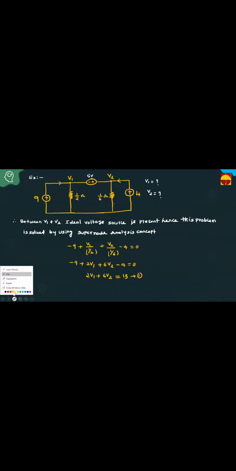Now, you have to apply KVL with the source. Inside the supernode, you have to apply KVL. Take the plus minus for this, and this also. What is the voltage across this one?